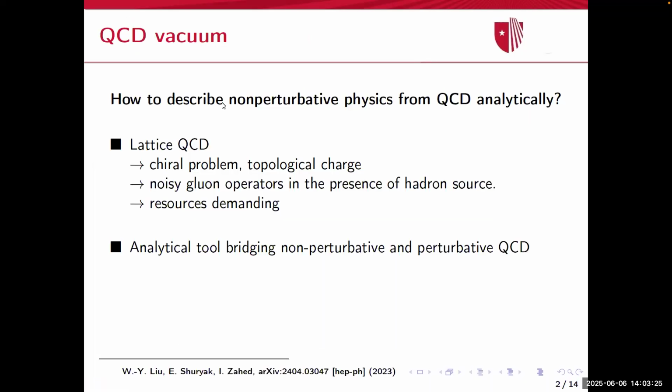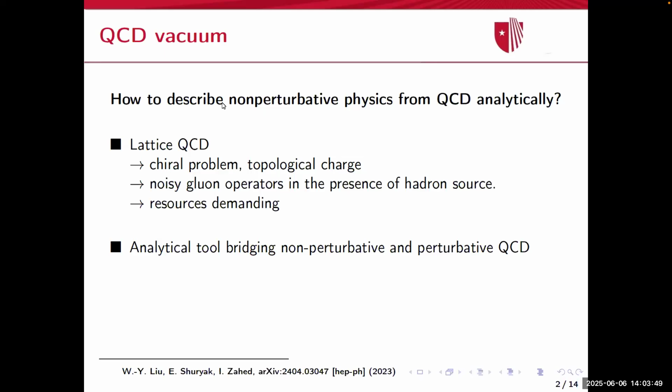Okay. So the first question is how to describe non-perturbative physics from QCD analytically. We already know that we have a numerical tool, lattice QCD, which is very powerful. But lattice QCD still has some intrinsic problems that are in progress to be solved. For example, it's hard to calculate the topological charge distributions.